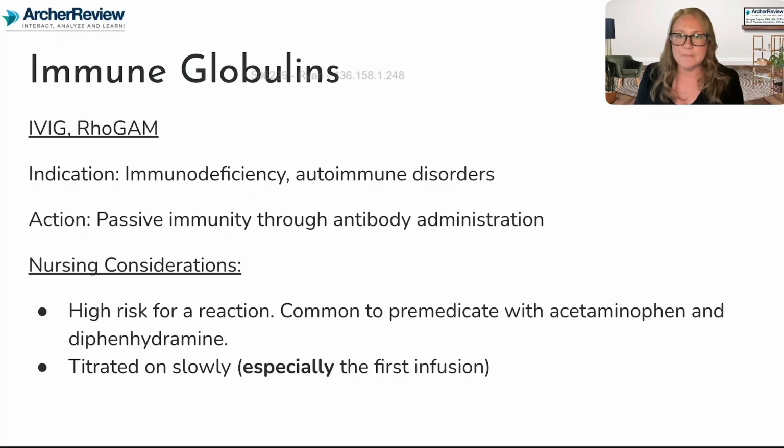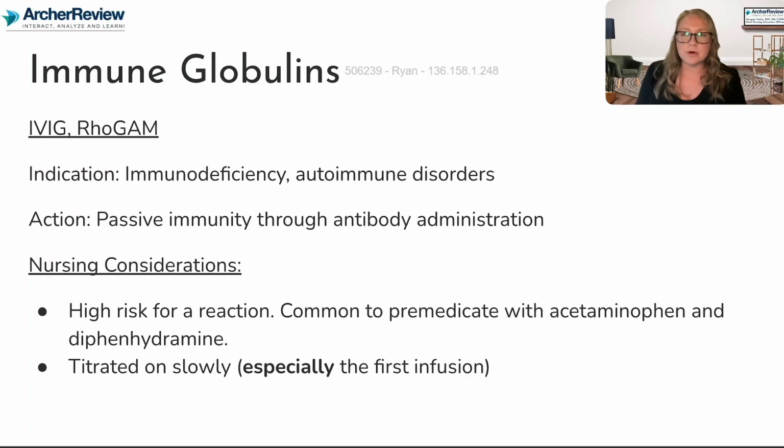The two that I most often see are IVIG, IV immune globulin, or RhoGAM. We're going to go over RhoGAM in depth in maternity, so tuck that away for now. We administer these antibodies to a client who's immunodeficient, has an autoimmune disorder, and needs some passive immunity through the administration of these antibodies.